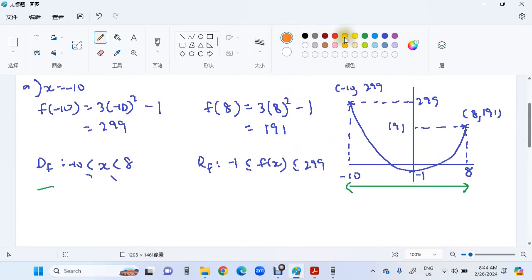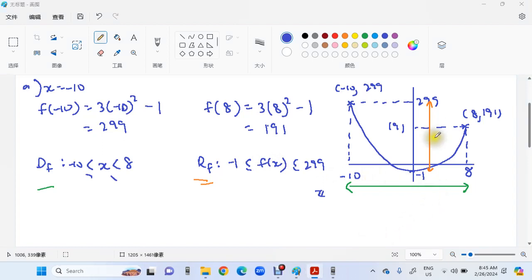So the range is this part, from the smallest value to the largest value. This is the answer: between negative 1 and 299. You have to write f(x) or y in the middle there.